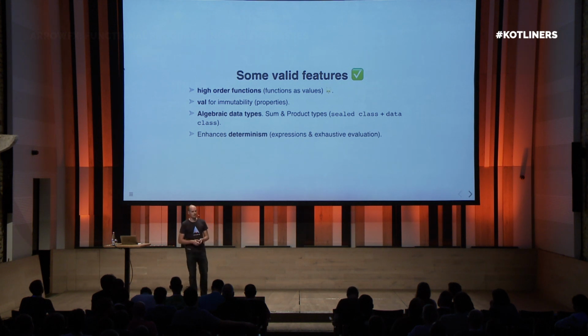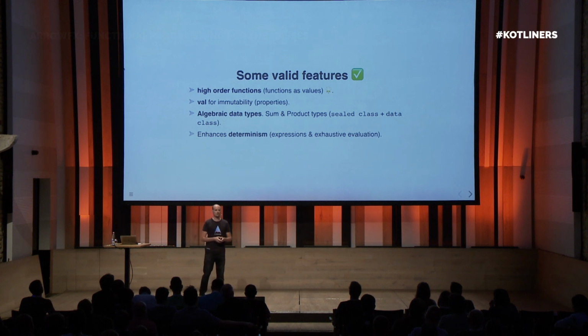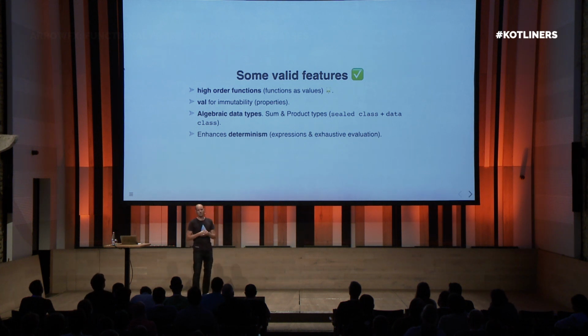And then there is something that in the functional world we call algebraic data types, which is just a fancy word to refer to sealed classes and data classes, okay? In the functional programming world, it's pretty common to use the combination of both to model your business logic. So you're able to model all the operations that your business is able to perform using algebraic data types, okay? Those are sealed classes, data classes.